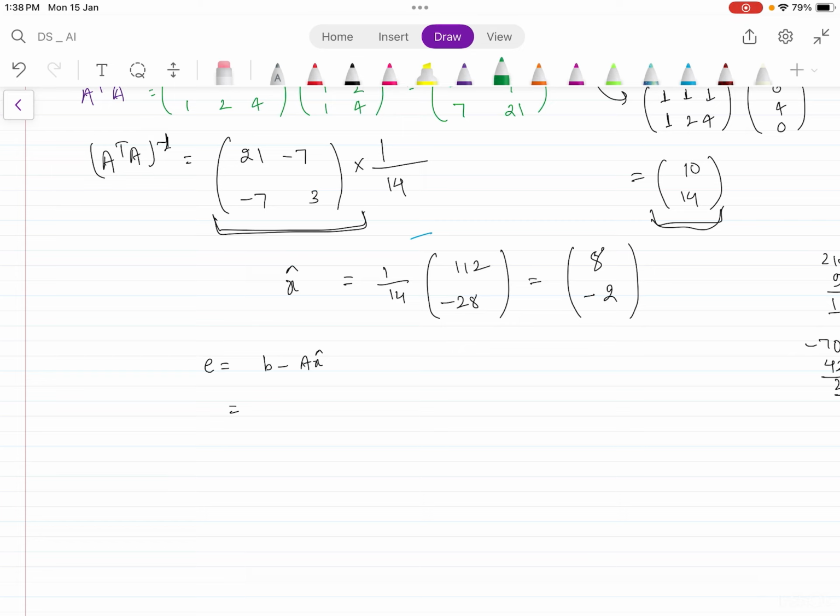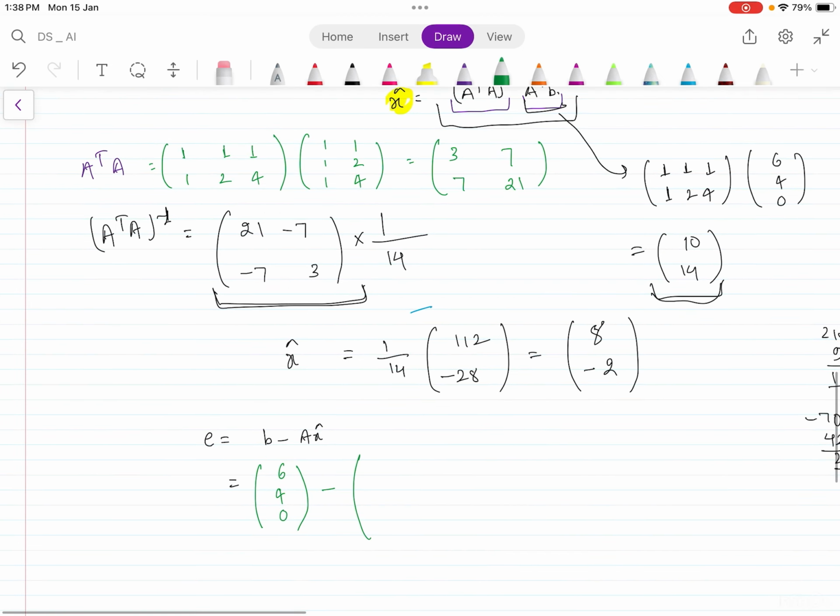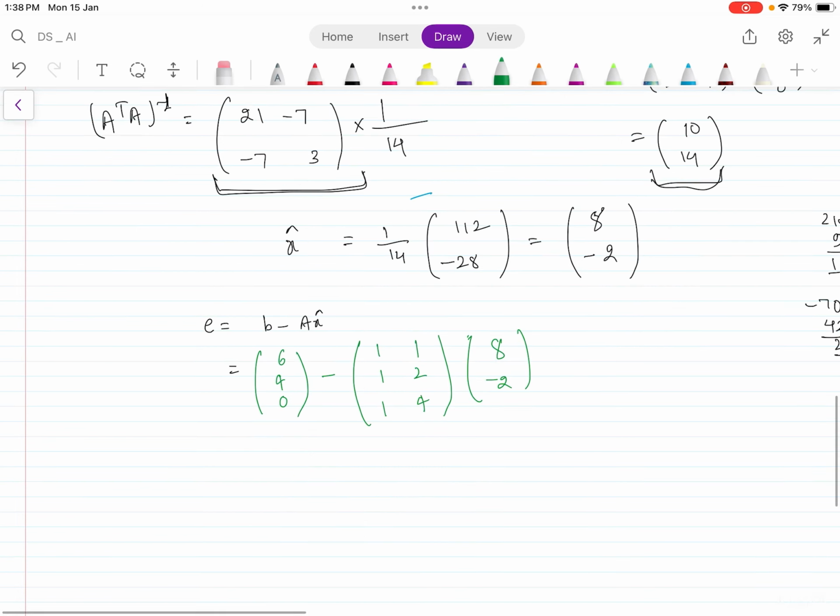So b is 6 4 0, that is given, and a x hat you can find. So a is 1 1 1 1 2 4 and x hat is 8 minus 2. We can carry out this multiplication, that will be 8 minus 2, that is 6, 8 minus 4, that is 4, 8 minus 8, that is 0.